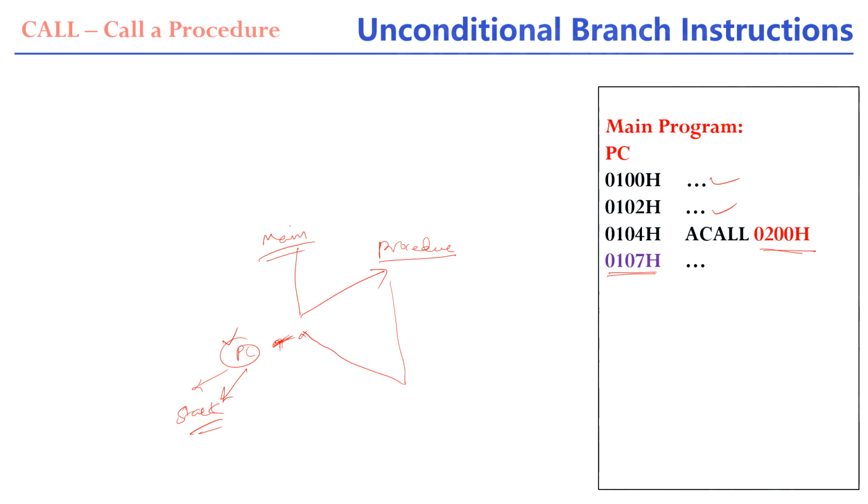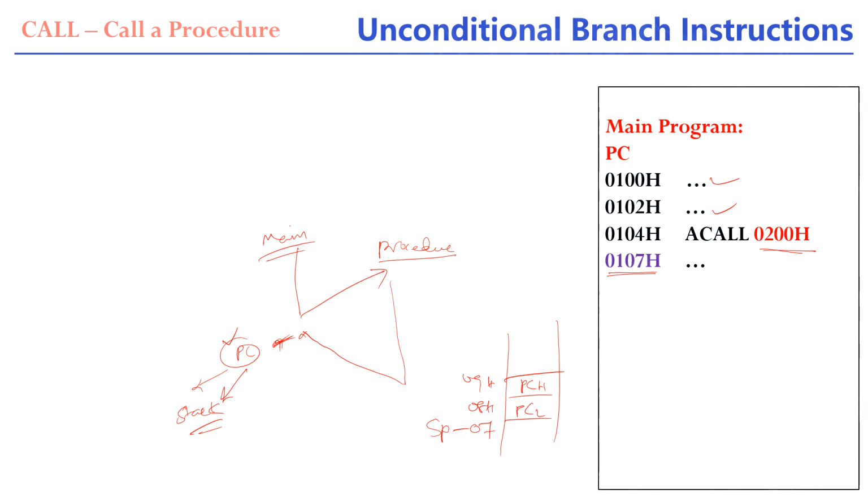So whenever a call instruction is executed, the stack pointer is incremented by 2. 07 incremented by 2 creates two empty locations, 08H and 09H. The PC lower value will be stored here, PC higher value will be stored here.